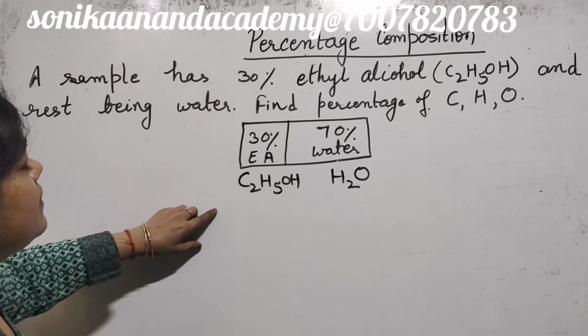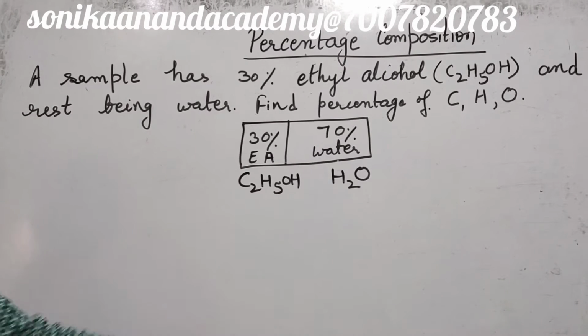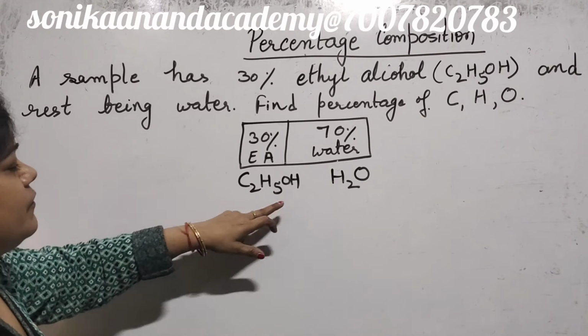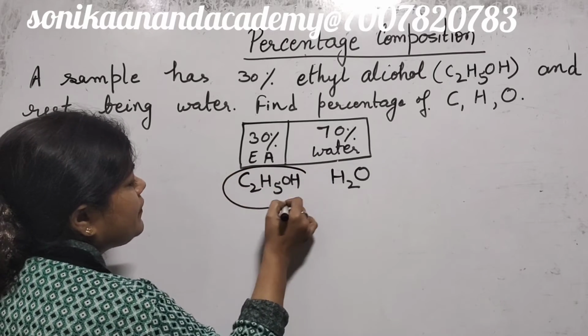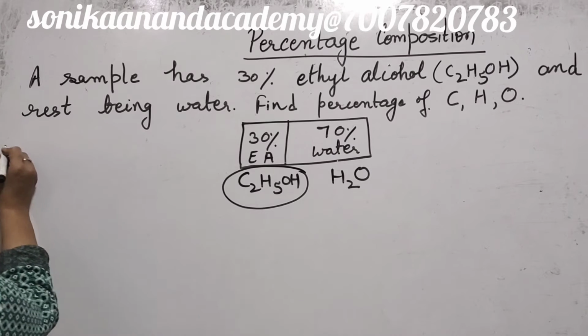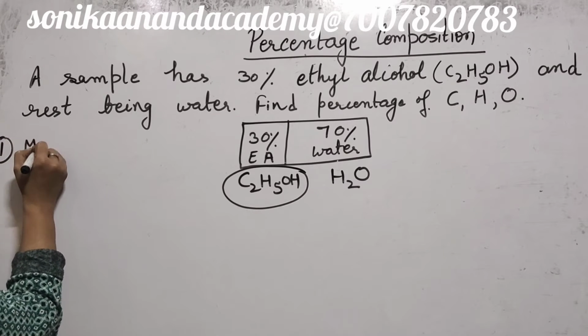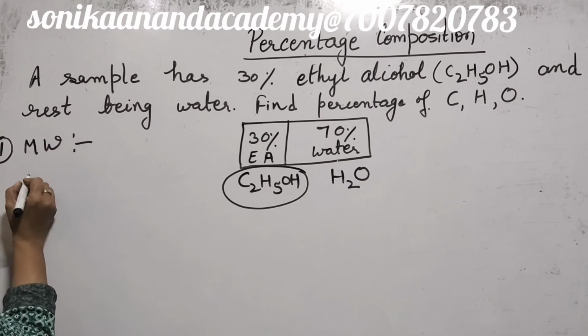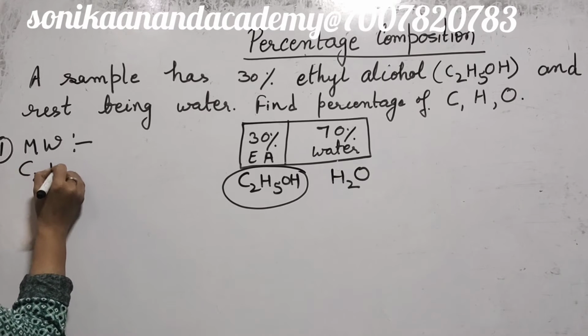Here, firstly, what did we find? We found the first step, the molecular weight. We first find the molecular weight of the ethyl alcohol, not of water. So, first step, molecular weight. C2H5OH.